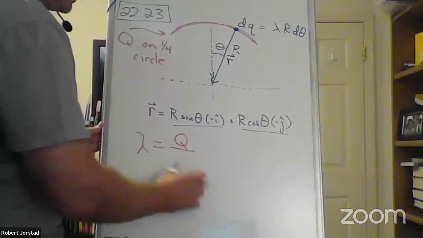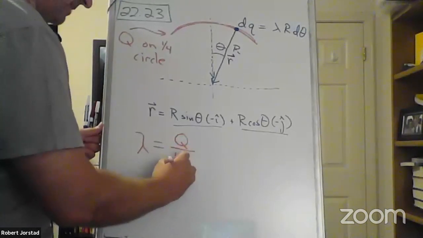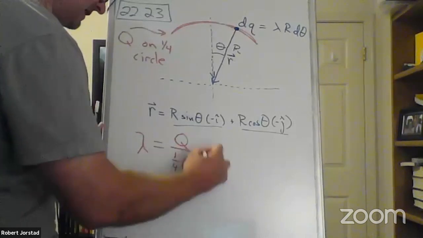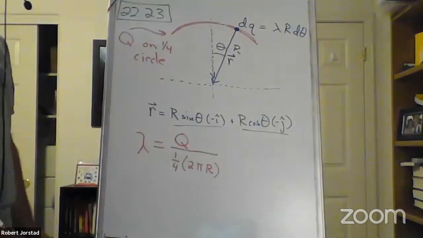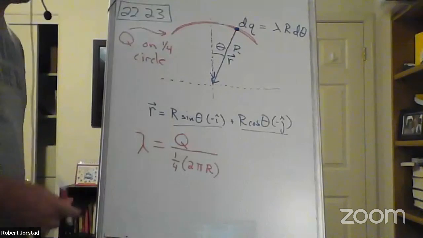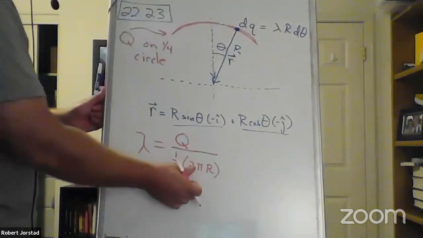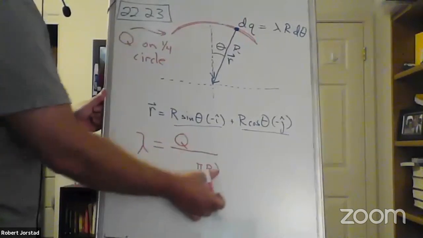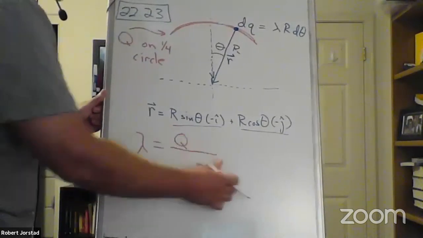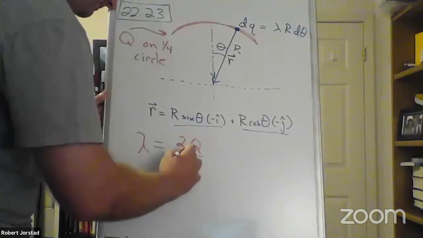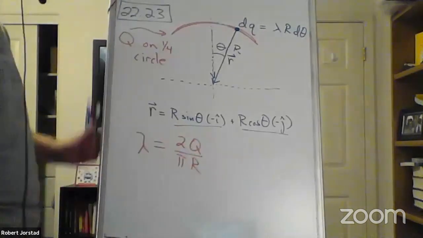I'm just going to write what you said because that makes the most sense to me. And then from there, you can obviously do the math. It's not all of 2 pi r, it's 1/4 of it, which he was doing in his head, and it turns out to be that.